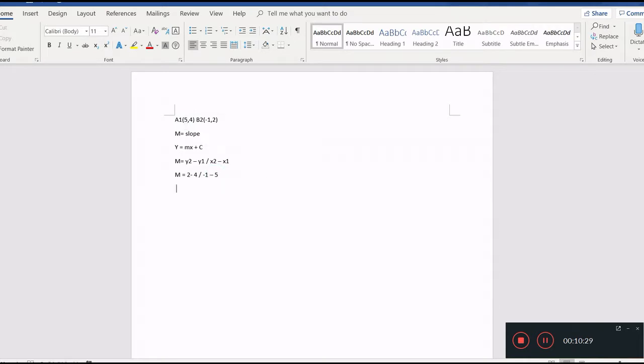So the answer that you get is -2 divided by -6, and you get 1 over 3. This is the slope, this is the m.